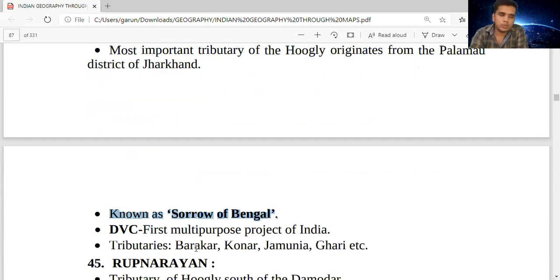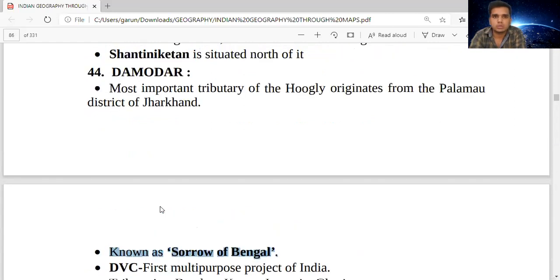Tell me the name of the Sorrow of Bihar. All of you, just comment. Sorrow of Bihar is Kosi. Damodar is the Sorrow of Bengal, because in previous exams Sorrow of Bihar has been asked.